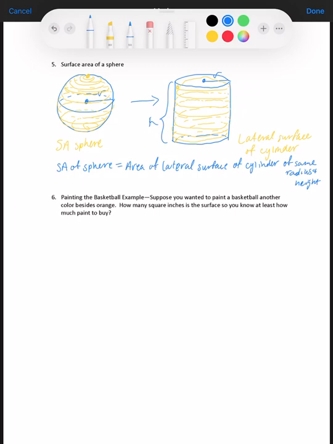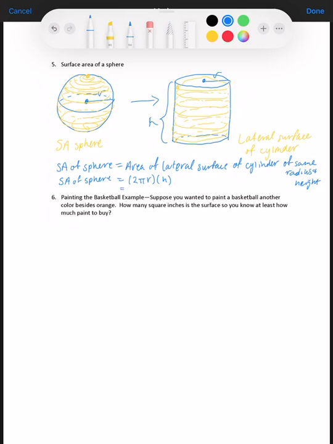And so by formulas, we do know what that is. The surface area of a sphere is equal to the area of the lateral surface. Now the area of the lateral surface is a rectangle, which has a length and width. The length is going to be 2 pi r because it's the circumference, times the height.